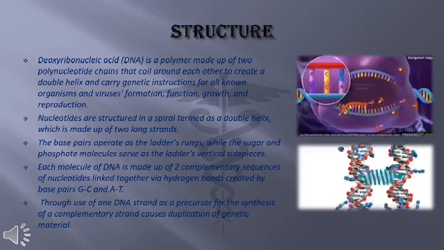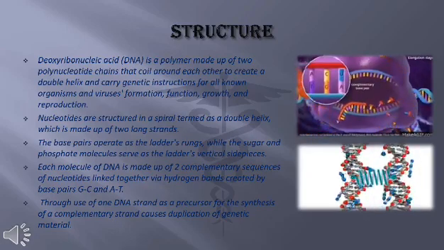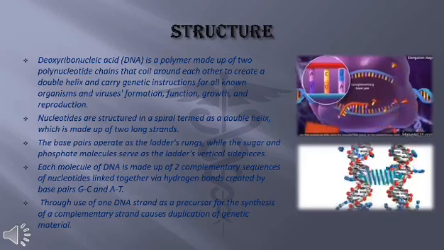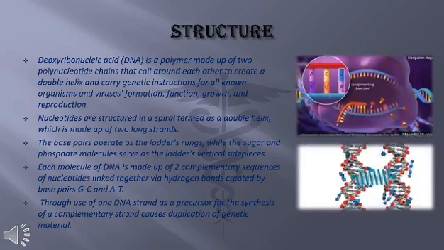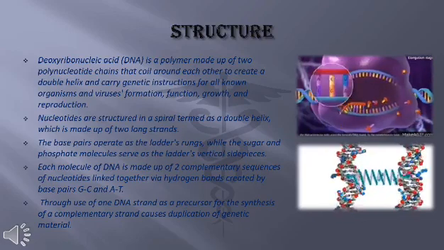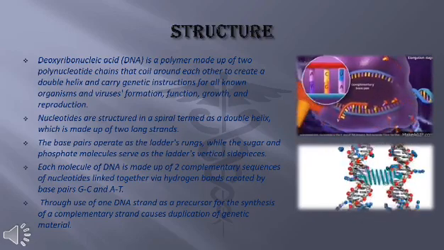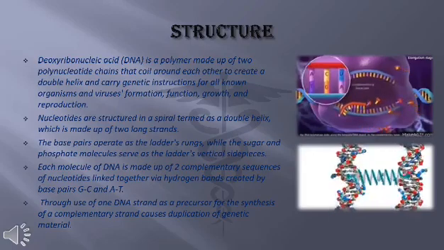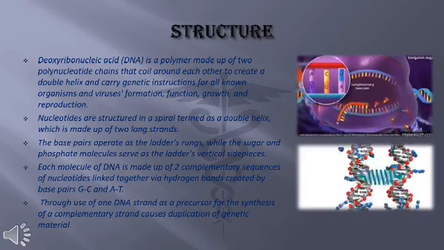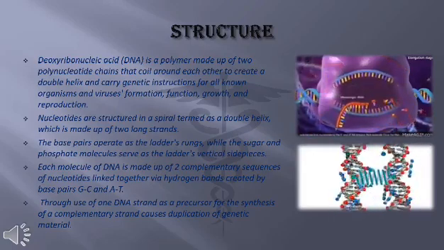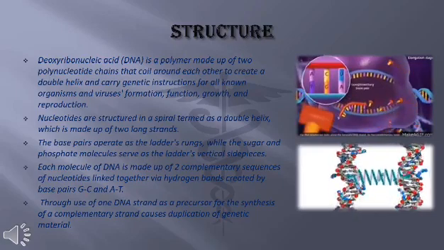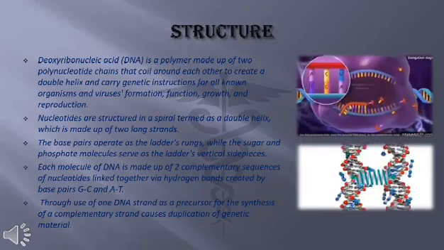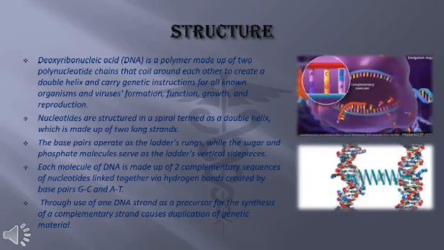The base pairs operate as the ladder rungs, while the sugar and phosphate molecules serve as the ladder's vertical side pieces. Each molecule of DNA is made up of two complementary sequences of nucleotides linked together via hydrogen bonds created by the base pairs GC, guanine and cytosine, and AT, adenine and thymine.